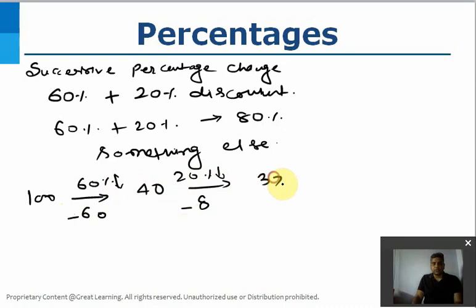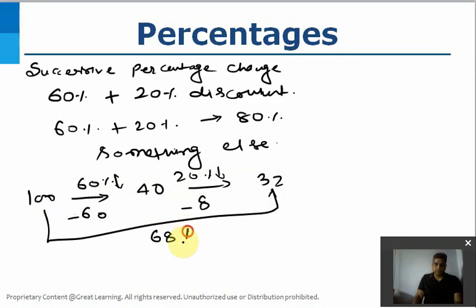Again there is a decrease of 20%, so 20% of 40 is 8. 40 minus 8 is 32, and the net change is how much? 100 to 32 means a change of 68. In percentage also this change will be 68%. So what exactly is the resulting factor when we have two successive discounts? It is not 80%, but 68%, as we can see here.